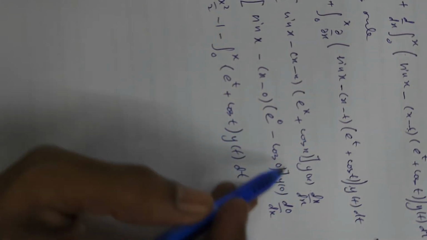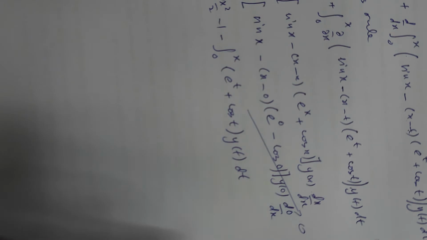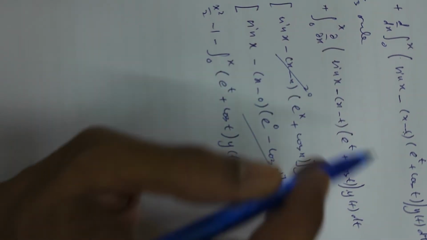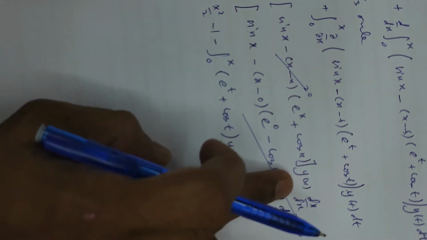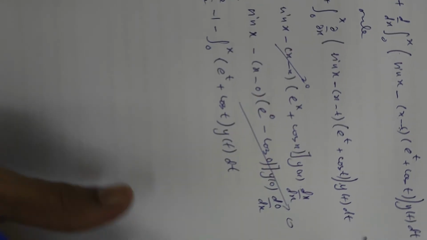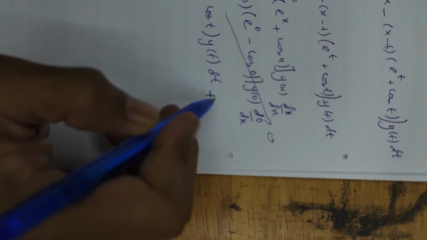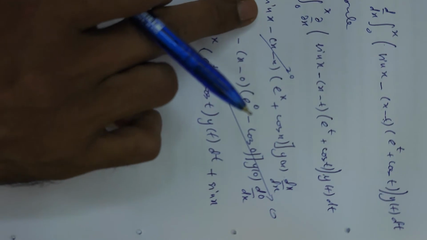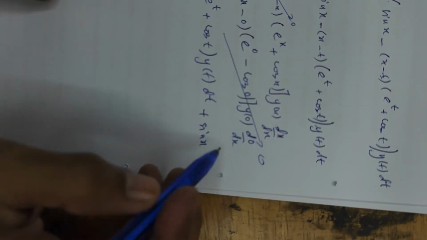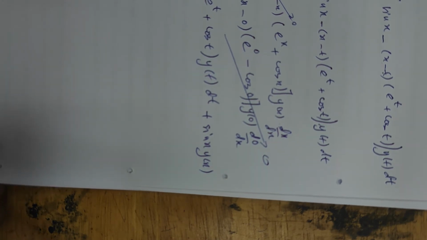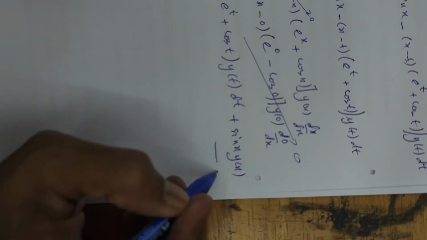This part is 0, and this part is also 0. What is left is sin x y x, since dx dx is 1. So plus sin x y x. Let's call this equation number 6.